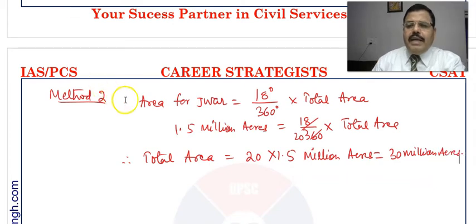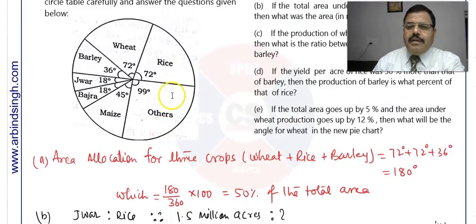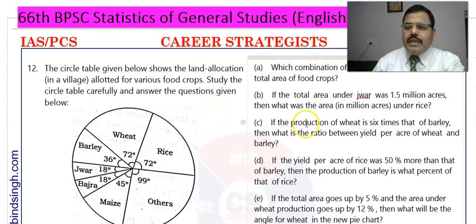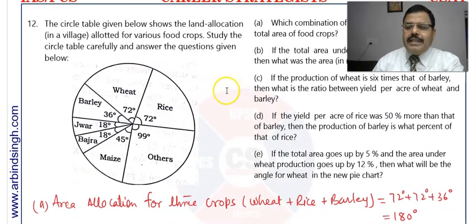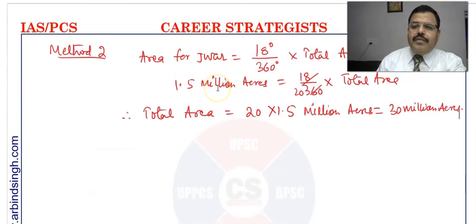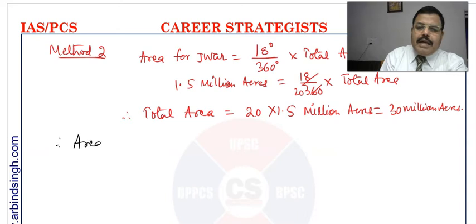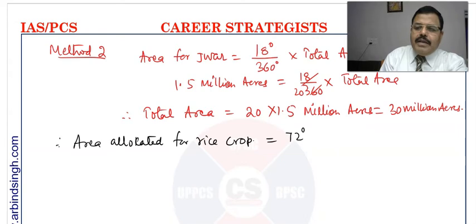So 30 million acres is the total area, as per this question. We want to calculate for rice again. So the area allocated for rice crop is equal to 72 degrees central angle for rice out of 360, multiplied by the total area.